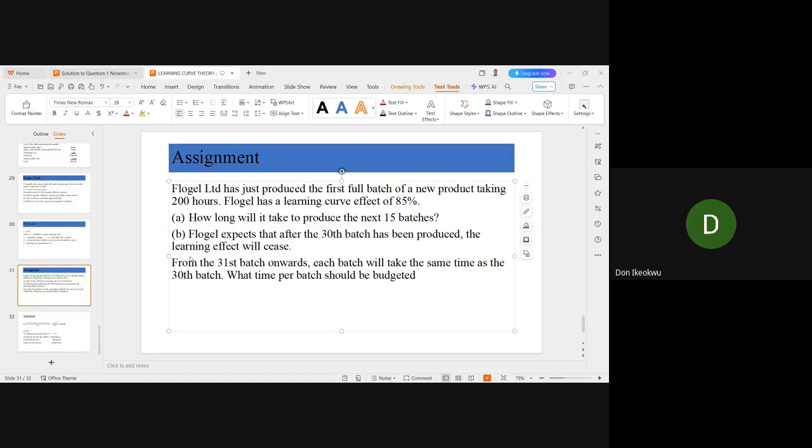My question is this. This learning curve concept, is it still futuristic because of the advancement of automation? Yes, that is the demerit now.